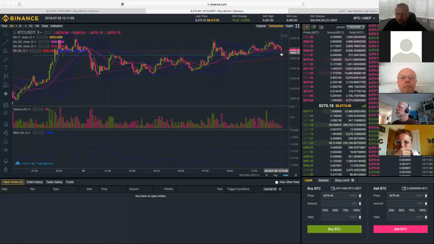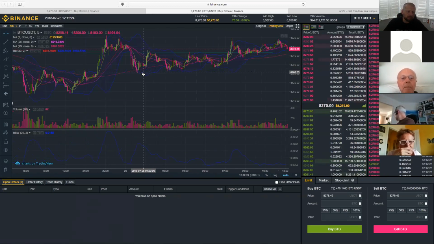It's going to test the bottom, and there's every reason why it would continue going down through our line of what we believe is resistance, and it will head down. So we're going to go into US dollars because we believe that the price of Bitcoin is going to come down. But we need to make sure that in the event that it does go up, we hedge against that.